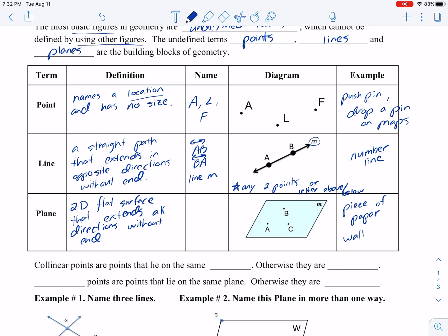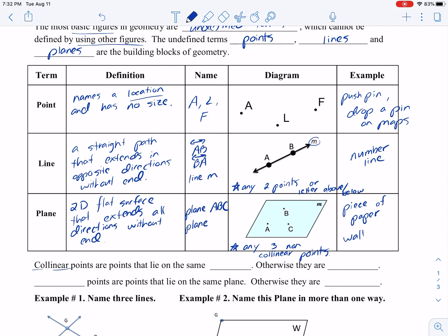The way we name a plane is any 3 non-collinear points. What is collinear? You're going to find out in just a sec. You can imagine what that definition might be, seeing co and line in it, but we'll define that in just a sec. So we could name this plane ABC, or we could name it any 3 points.